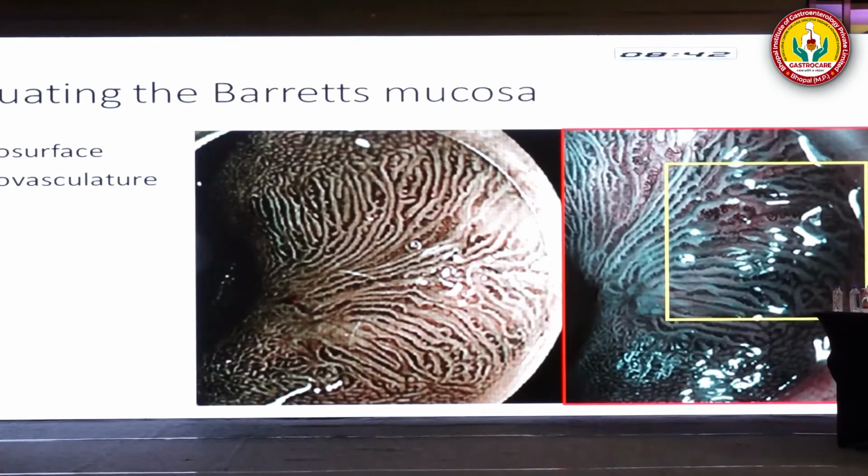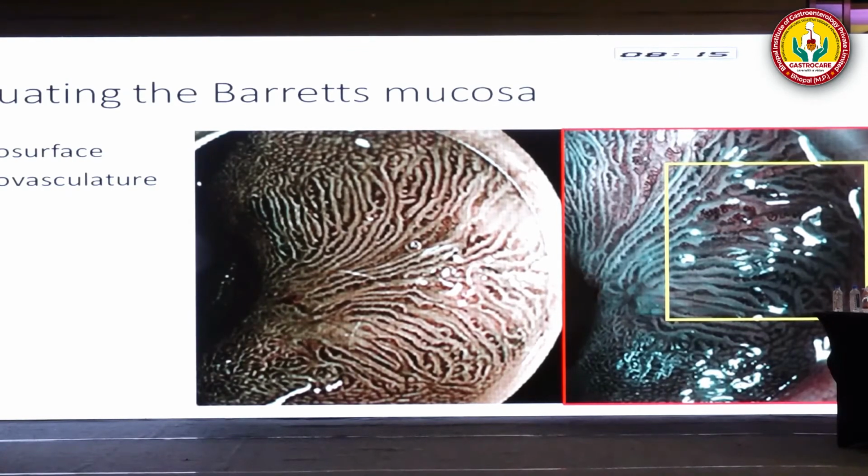Now if you look at this area, you can make out this tubular looking surface pattern here. Here they are more rounded. But is there any area which is abnormal? You can see here that yes, this area looks a little, these vessels look a little tortuous. And if you zoom in here, you'll find that these vessels are certainly a little more tortuous and irregular.